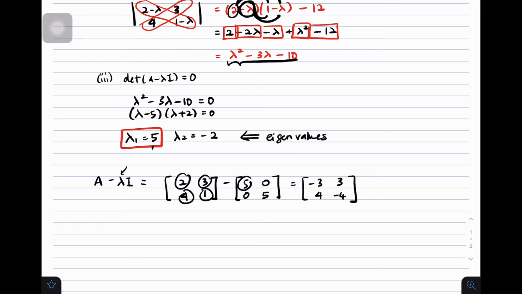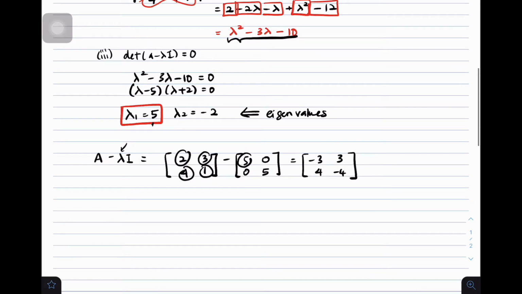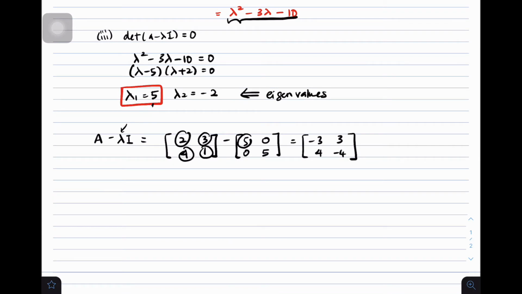Now you have A minus lambda I. How can you find the eigenvector for this matrix? It is by finding the value of x where A minus lambda I multiplied by x equals 0.